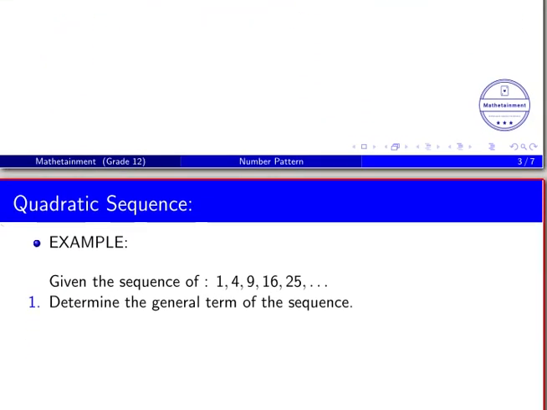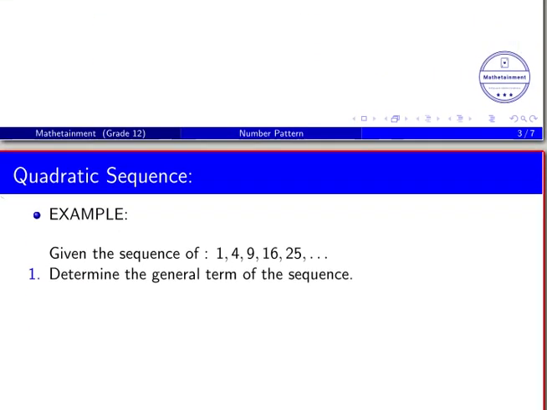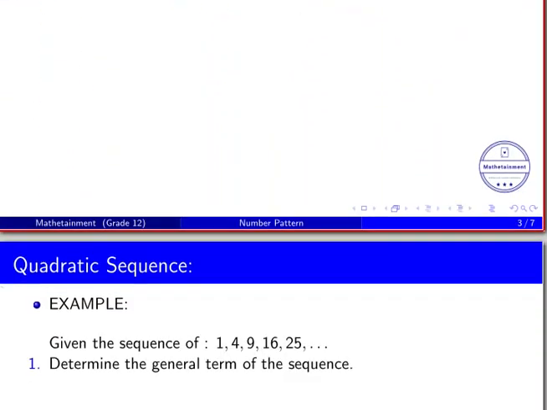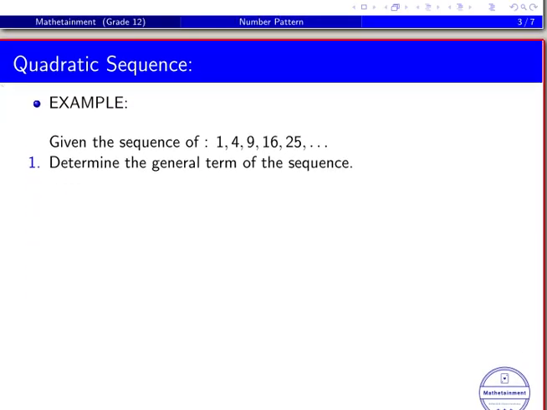Okay. Let me now apply this in calculations. Here in my example, I am given the sequence 1, 4, 9, 16, 25, into infinity, because the three dots indicate that my numbers keep on growing.